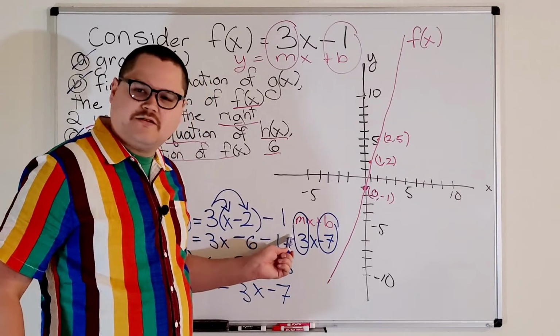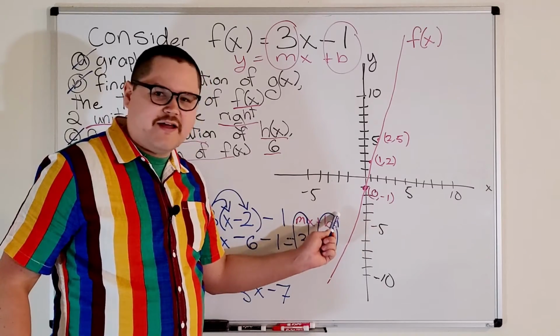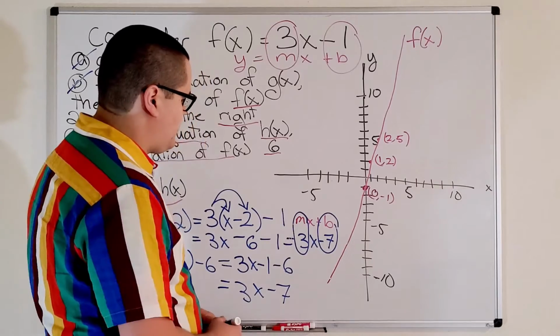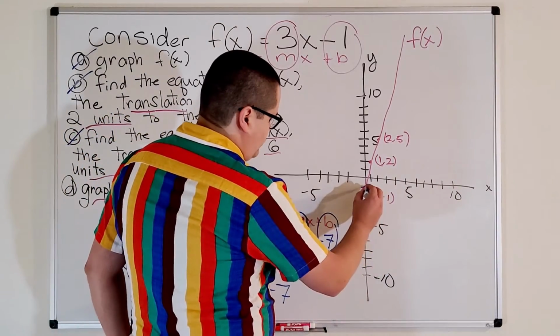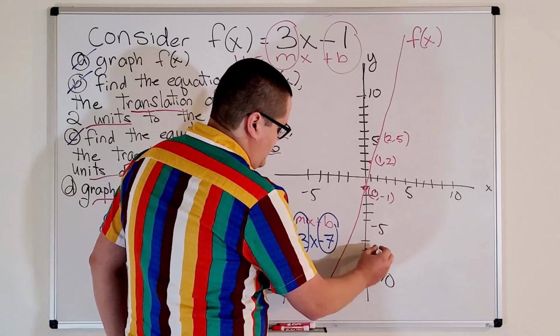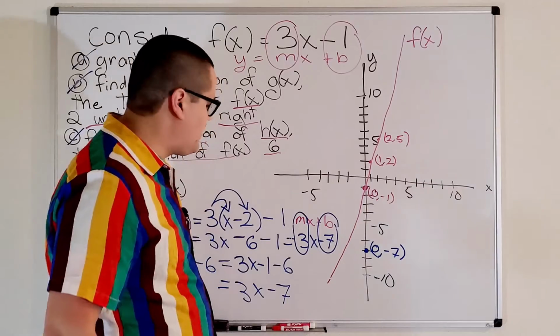So the slope is 3, and b, but there's no way b is the y-intercept, so the y-intercept is negative 7. Okay, so 1, 2, 3, 4, 5, 6, 7. So the y-intercept is 0, negative 7.